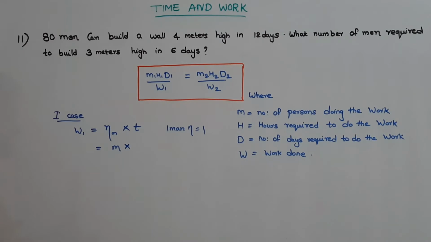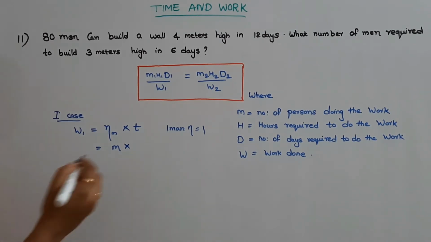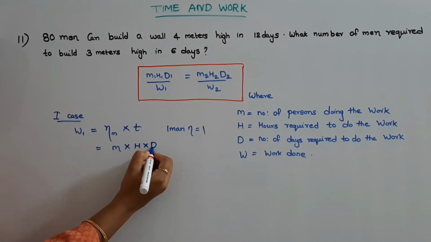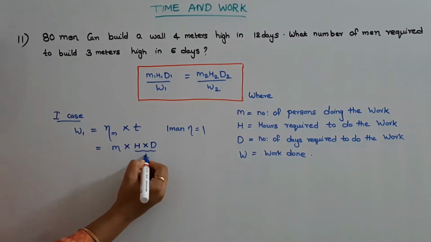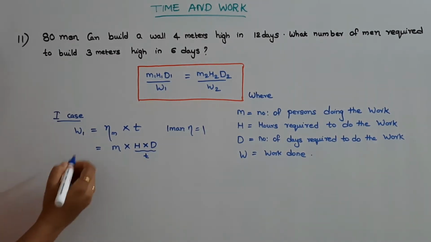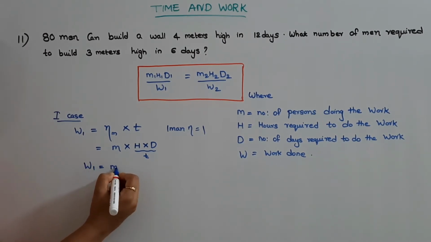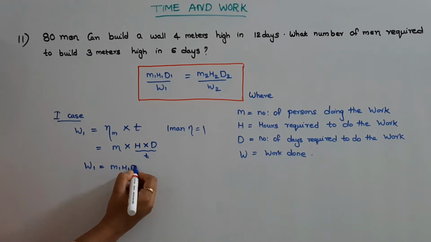If both hours and days are given, we will represent it as H into D. This is the time taken and this is the efficiency. So in the first situation, W1 will be equal to M1 H1 D1.